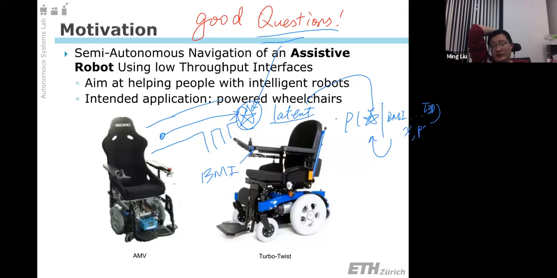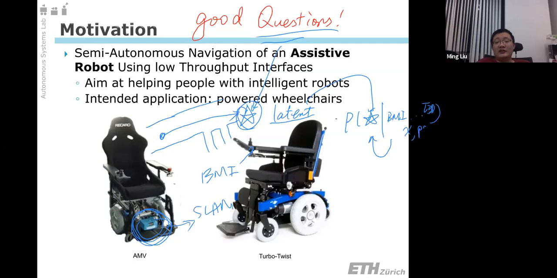A navigation system, the SLAM system, will create a map. The wheelchair has a LiDAR here, and this LiDAR can help to create the map. So the robot knows where it is and how the map looks. Also, the user knows about the map in his own mind.